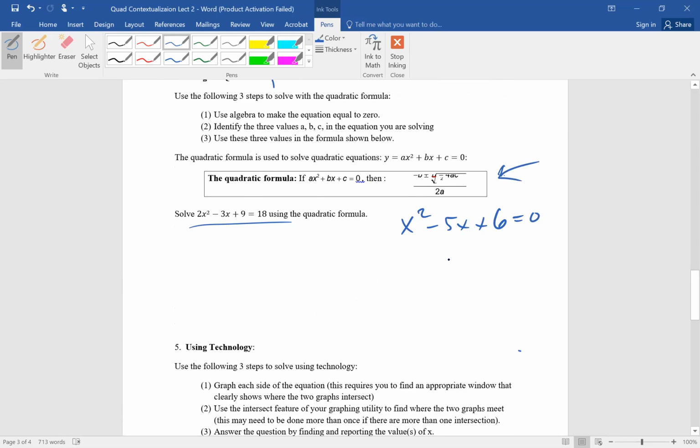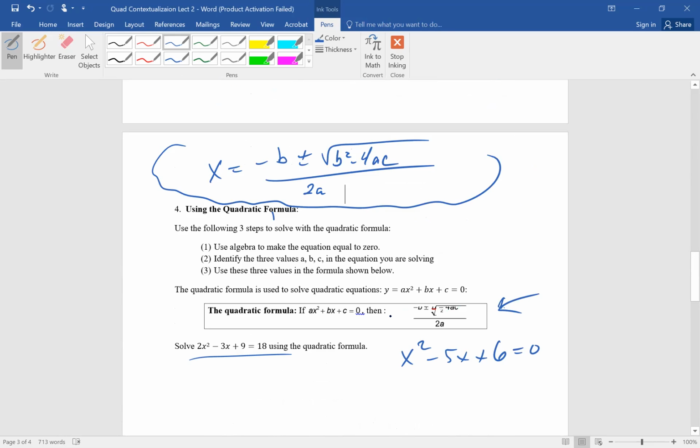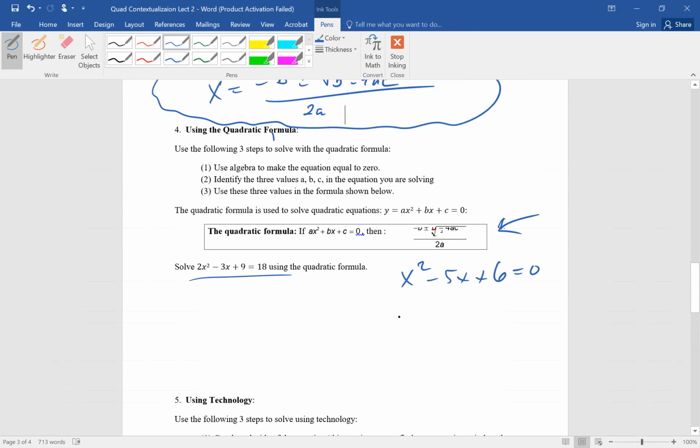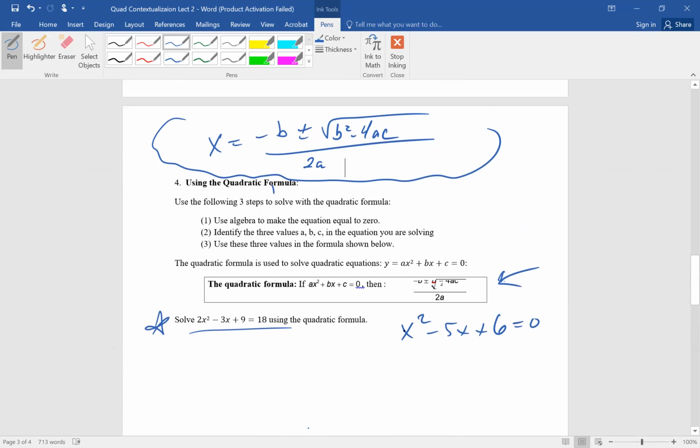If you did want to use the quadratic formula, you do this one the same way. What I would do is just start plugging in A, B, and C. In this case, remember, this is your A, this is your B, and this would be your C. And notice there's a 1 here that nobody writes.